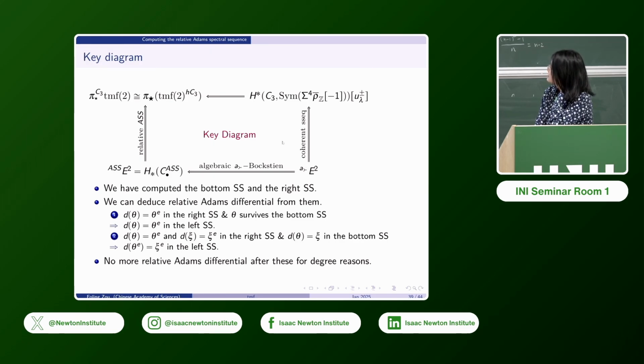If theta hits theta E, Xi hits Xi E here, and theta hits Xi here, what happens is that on the left, theta E hits Xi E. So that's the two cases of differentials we deduce from these two. And after all this, it turns out that there are no more possible differentials. So we've finished this computation.